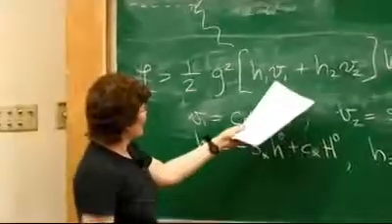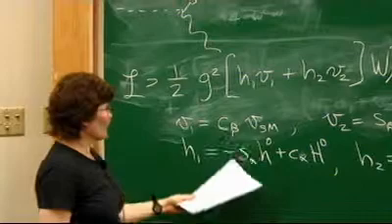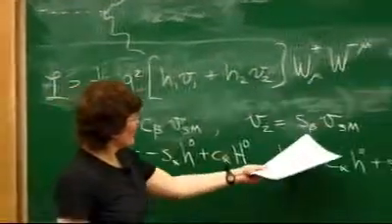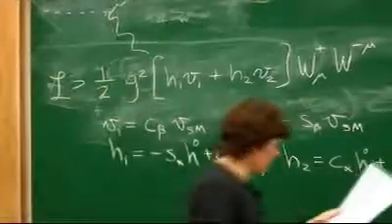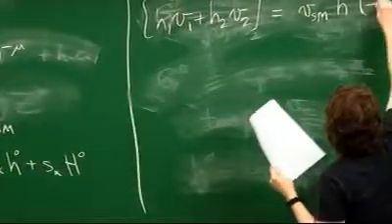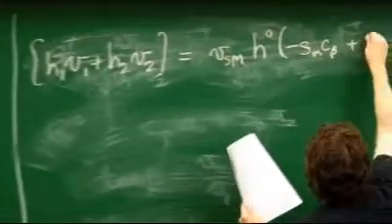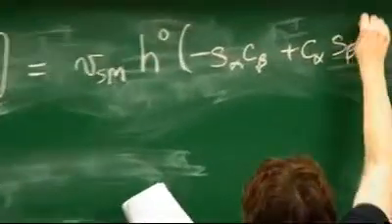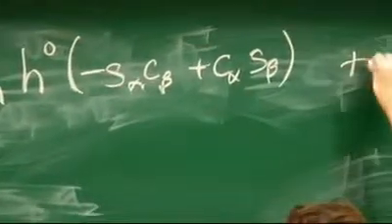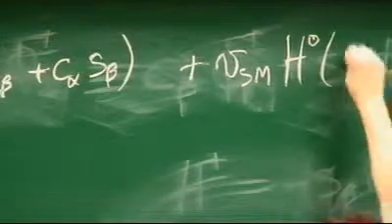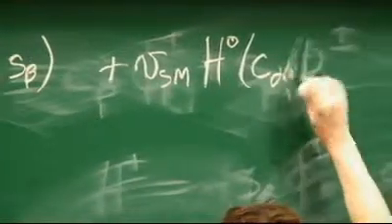There's two pieces. There's the V1 piece, which has a cosine beta times a minus sine alpha. And there's the V2 piece, which has a sine beta times cosine alpha. So this is going to have a coefficient which is that. And then for big H, you can do a similar identification of terms.